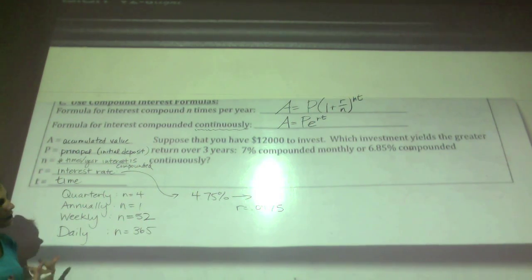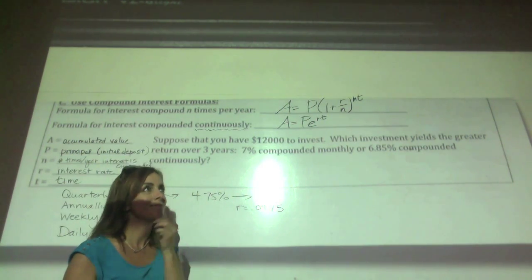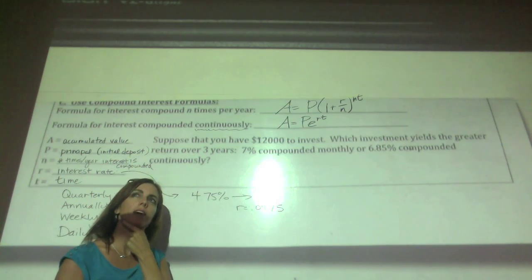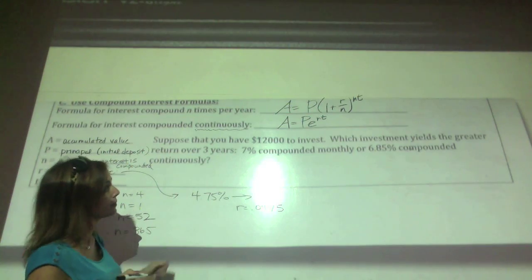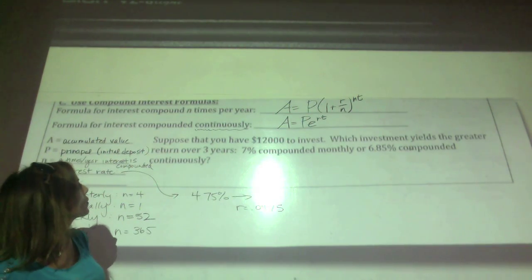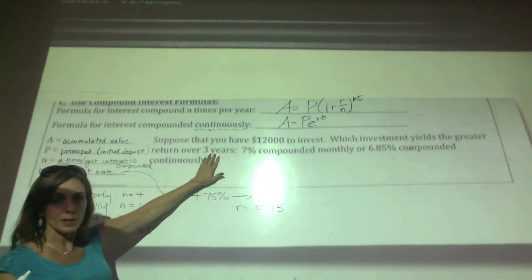Now let's look at a problem. Suppose I have $12,000 to invest and I want to make the most money possible. Which investment is going to yield the greatest return? I'm thinking 3 years is what I'm going to invest it for.